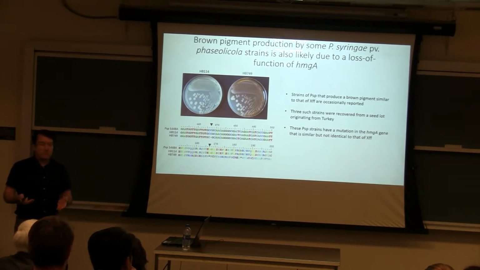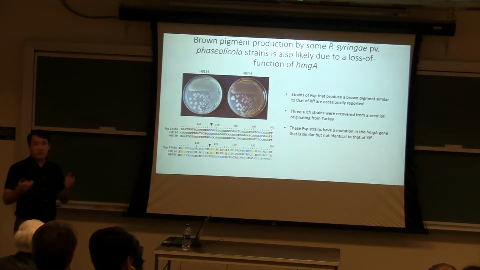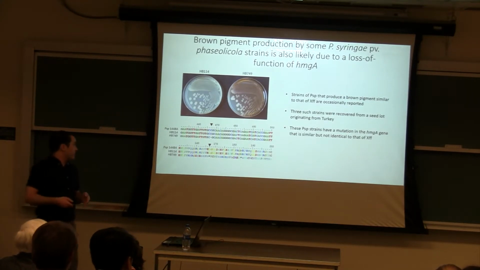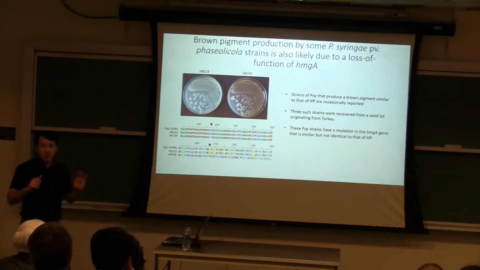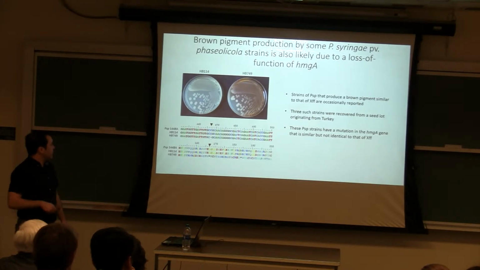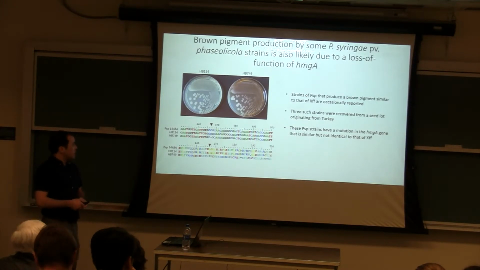Which is probably a mutation in the HMGA gene, right, generating a similar phenotype. So I designed primers and amplified the HMGA gene from these pigmented halo blight strains from Turkey, and from the non-pigmented strains that I use as our lab strains, and also compared to the published genome of 1448A, the reference halo blight strain, right?